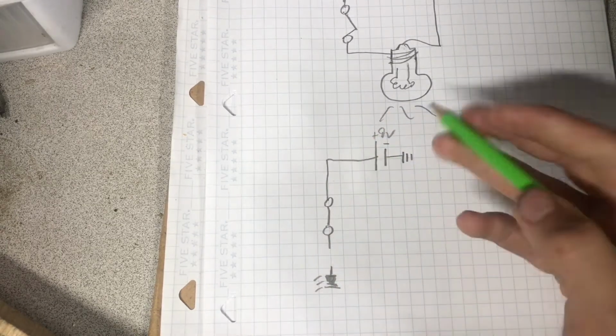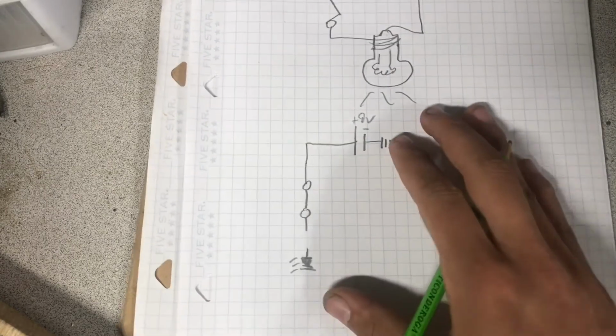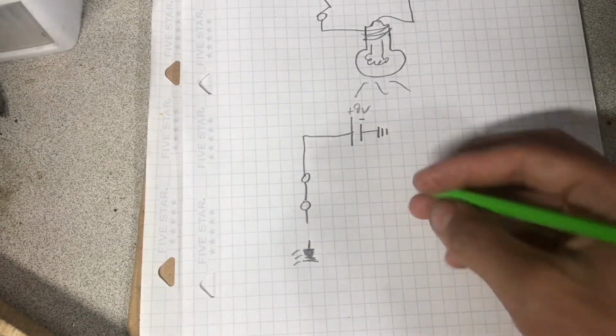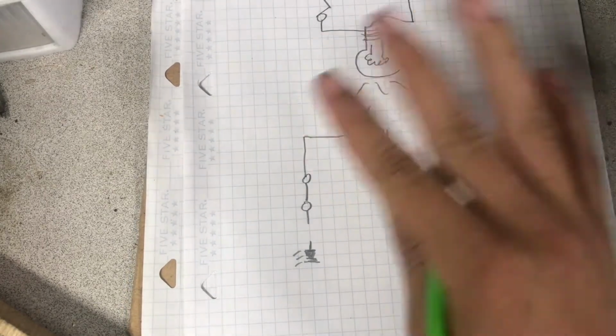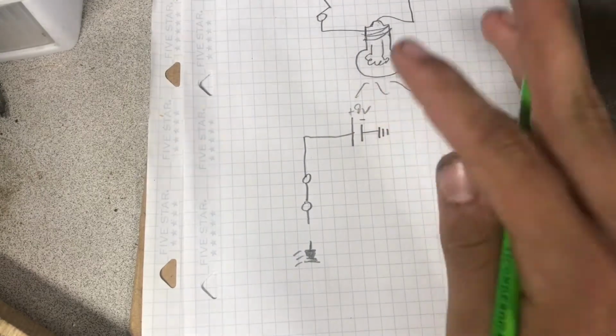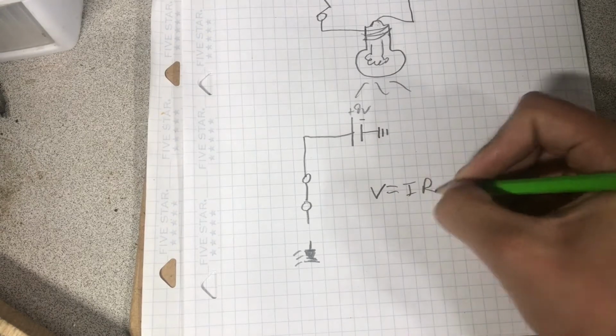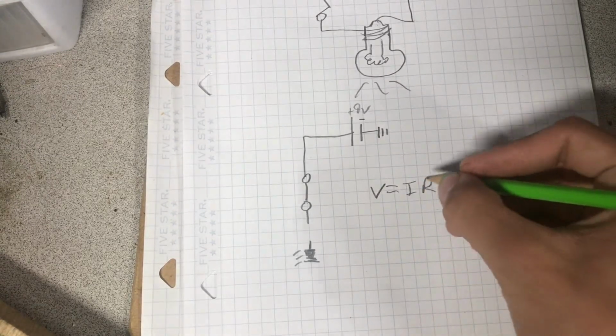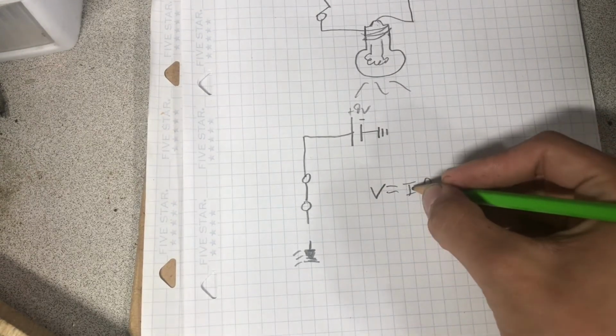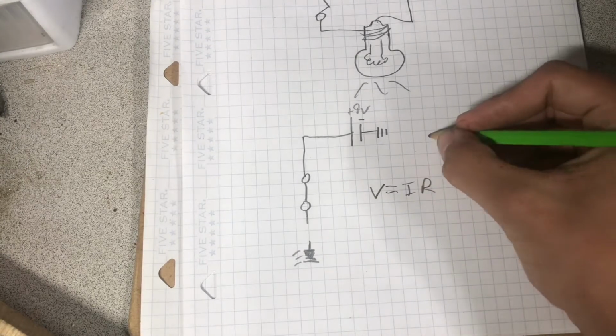So we need to do a little bit of math here to figure out what our resistor value would be, right? We're going to use probably one of the most simple electrical equations, which is V equal to IR. This is voltage is equal to current times resistance. Current is represented by an I, so let's write this out.